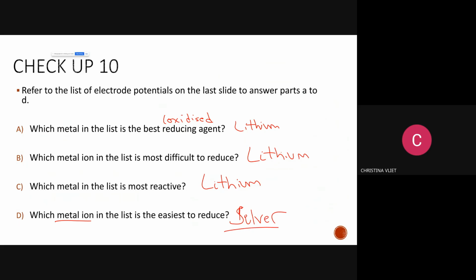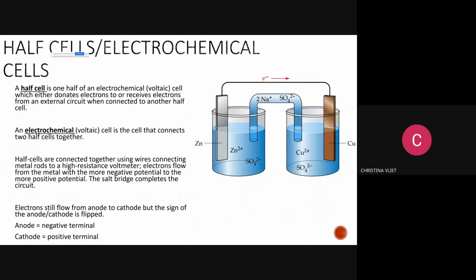All right. That was a textbook question. That came from the Cambridge textbook. Okay, more definitions. Some of them are repeats. Half cell, we already said, is either the anode or the cathode. The voltaic cell is technically when I put the two half cells together. So this whole thing is the voltaic cell, both half cells put together.